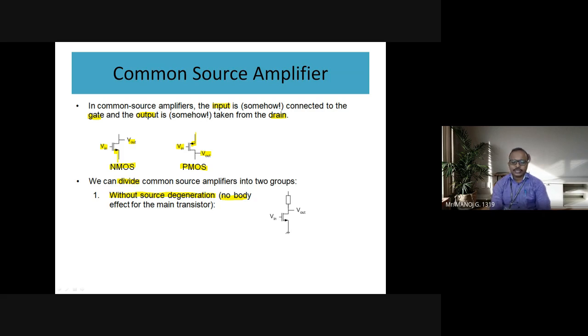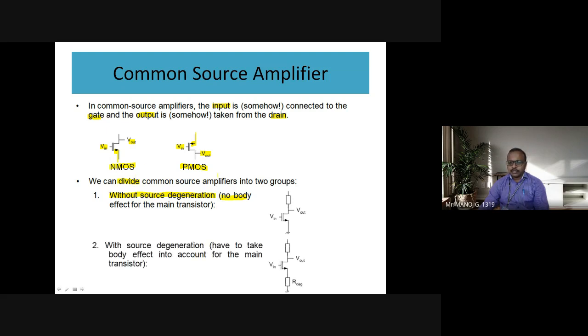We will see in detail later, but the two types of amplifiers we are going to study are categorized as without body effect and with body effect. The circuit will not have a resistance if you don't consider body effect, and with a resistance it is source degenerated.